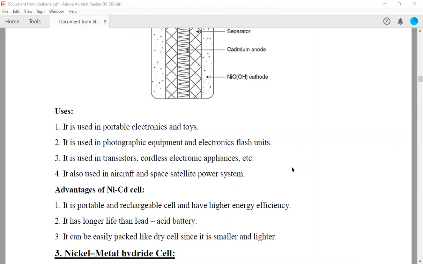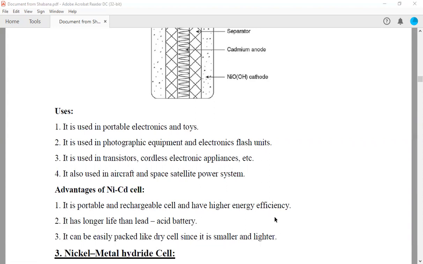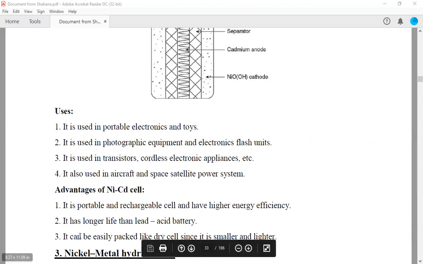The water consumption and float charge current are extremely low. That's why it is considered a portable and rechargeable cell and has high energy efficiency. The batteries are suitable for very high rate discharge and low temperature operation. So it has a longer life than the lead acid battery.